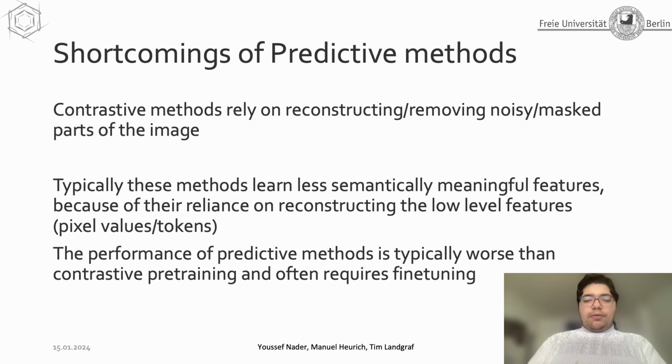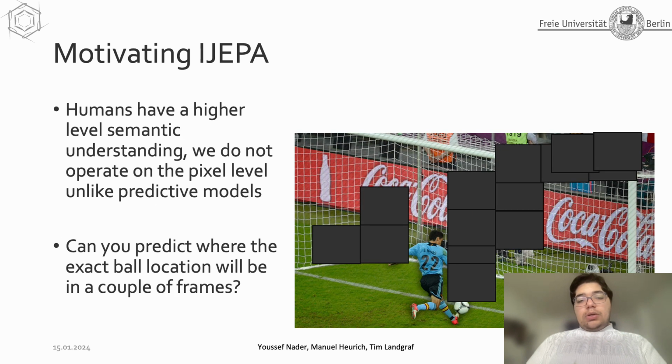And because of this focus on the low-level features, these methods, although they're easier to generalize to other data modalities, they're still very restricted, and there is an area of improvement here.